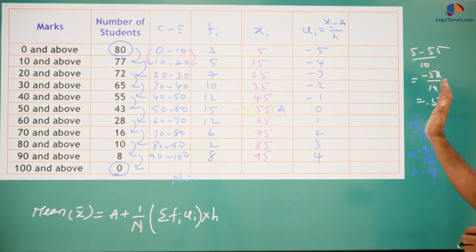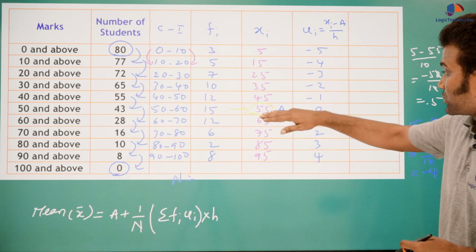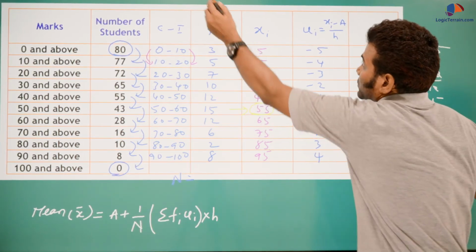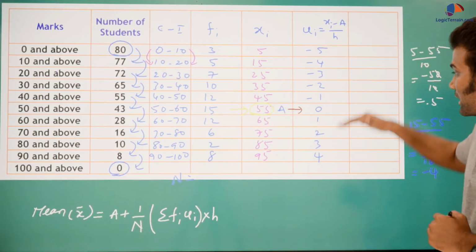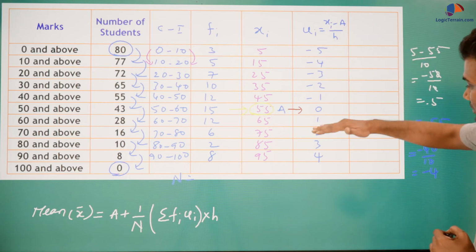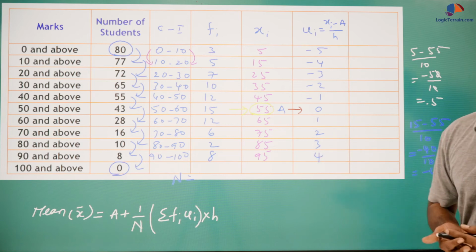You can check it if you want, right? In other words, another shortcut: corresponding to the assumed value, straight away you can put 0. On top you can add minus 1, minus 2, minus 3 and so on, and at the bottom you can add 1, 2, 3 and so on, right? You will get these ui's, right?